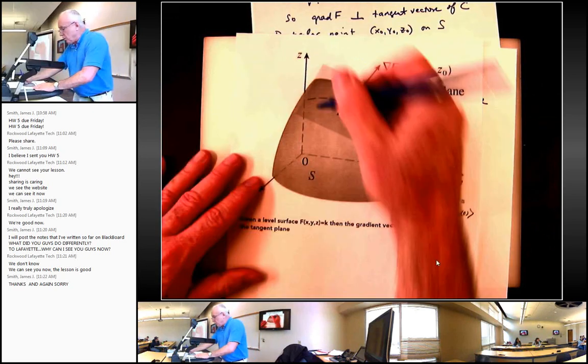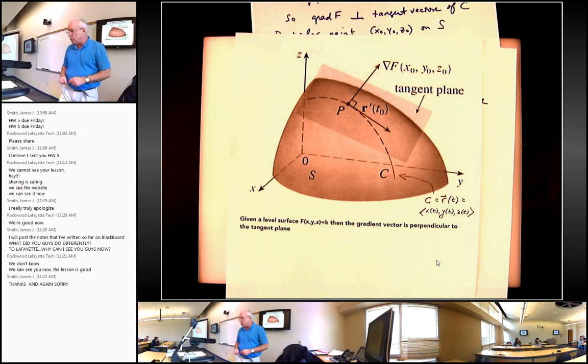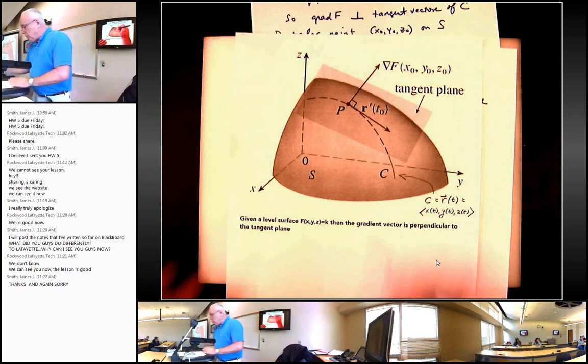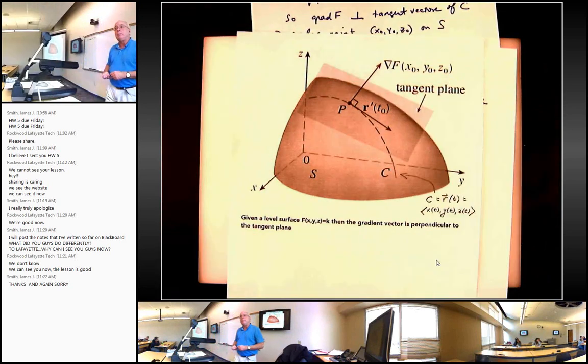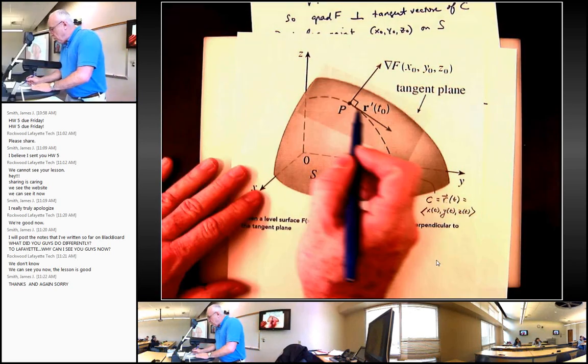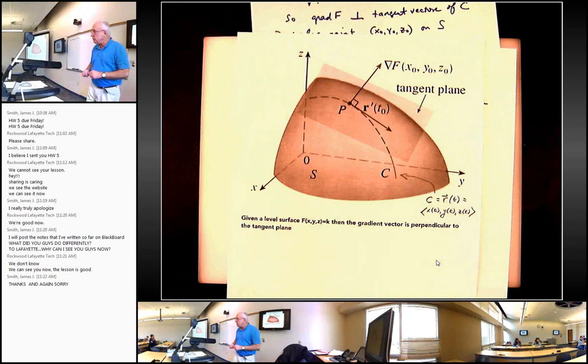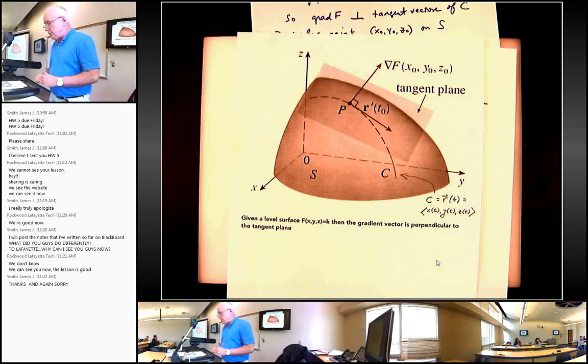So we get a curve here that's along the surface. We want to look at this particular point P that's on the surface and on this curve, and this r prime is the tangent vector at that point.